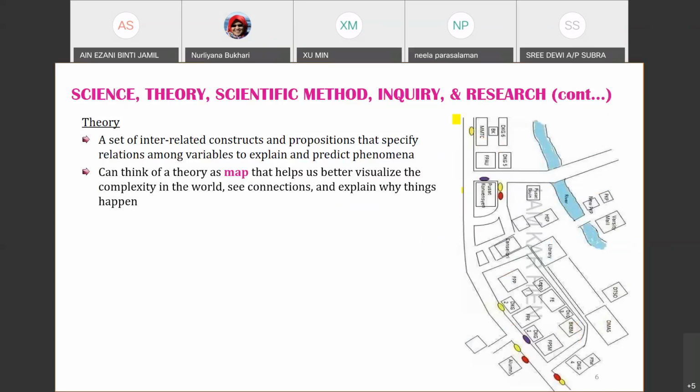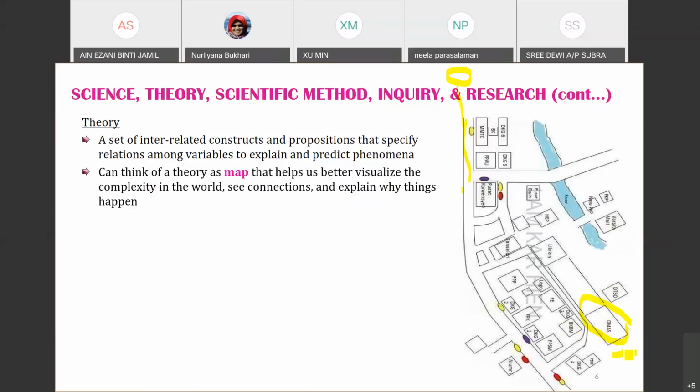The guard post is here, and you drive all the way and see these two buildings first, the new building, and you keep going. This is the middle of UUM, and we have the golf course and the deer farm, so it's pretty exciting.